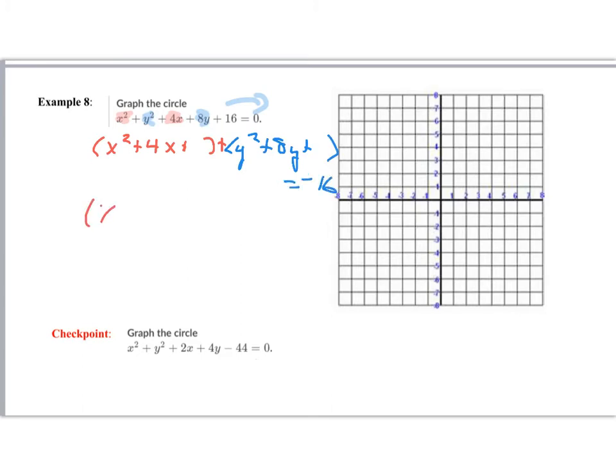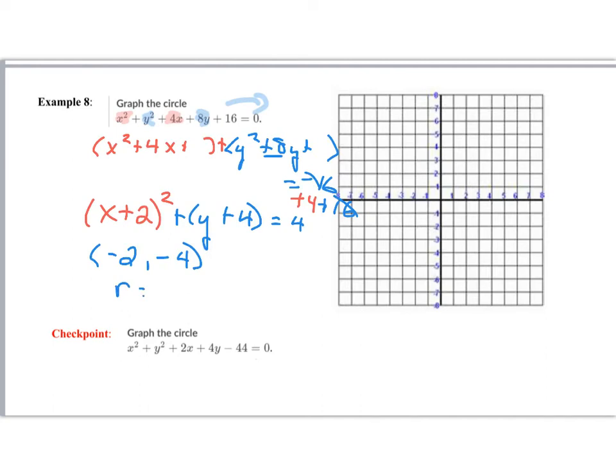So x plus 2, half of 4, and 2 squared is plus 4, plus y plus half of 8, which is 4. 4 squared is 16. So the 16s cancel, and the answer is 4. So your center is at -2, -4, and your radius is 2.